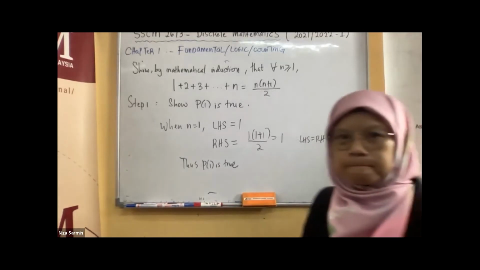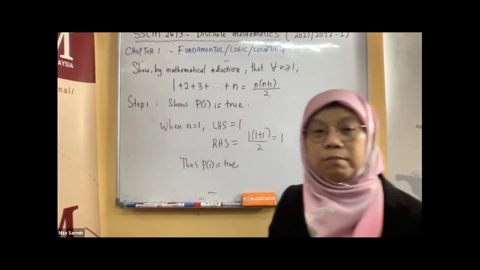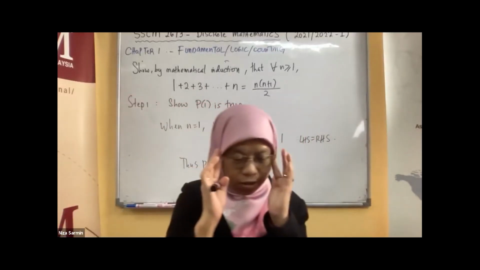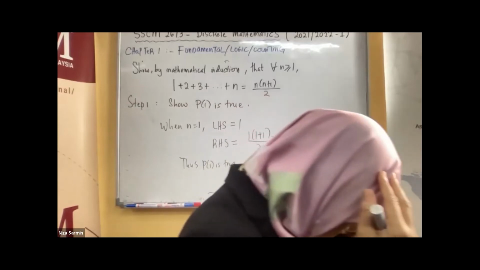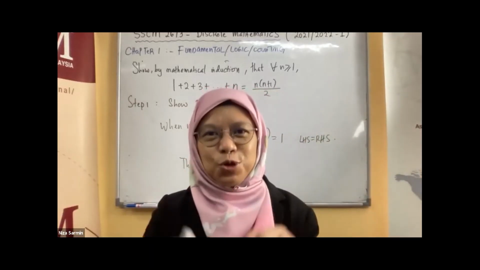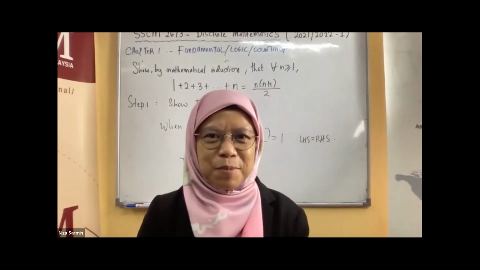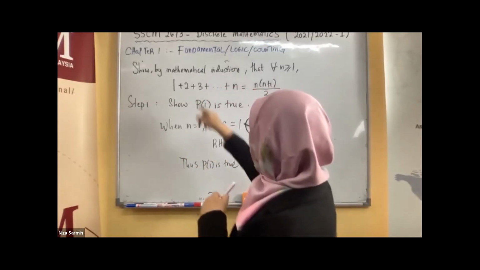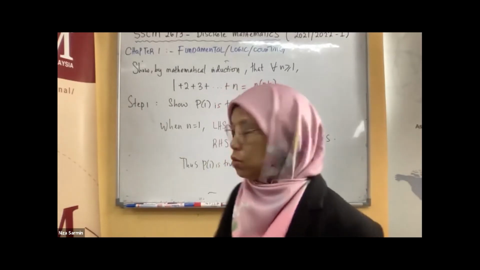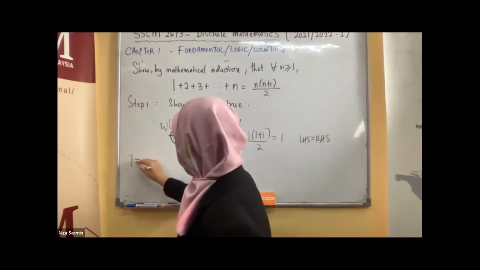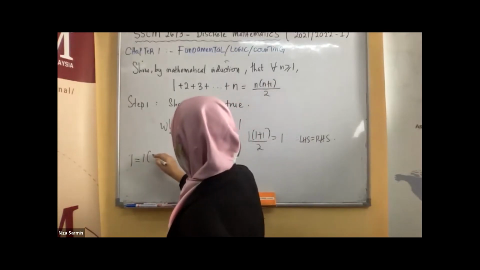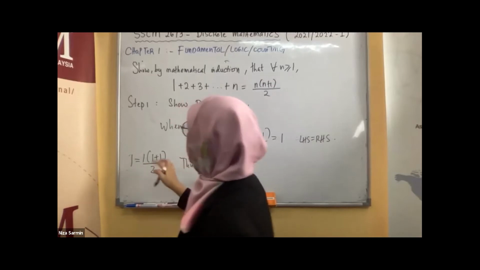The common mistake that the student does is to put equal right away. You want to show left equals right, but you automatically put 1 equals 1 times (1 plus 1) over 2. That is wrong. You cannot put that, because you want to show this.